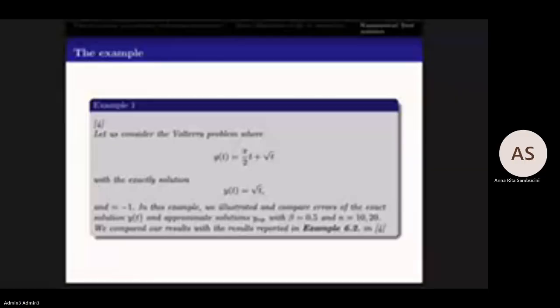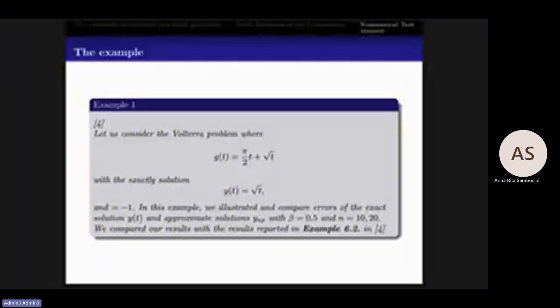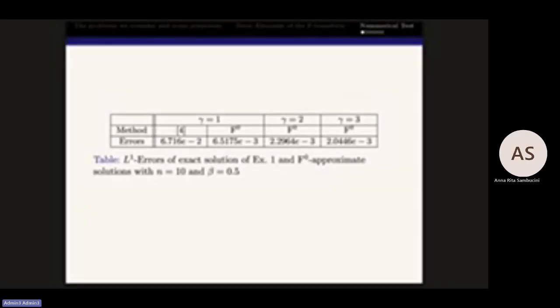And now this is the example that we consider, and this is our result. In here you can see that we compare with the result of this paper, and our result is quite better than this result.